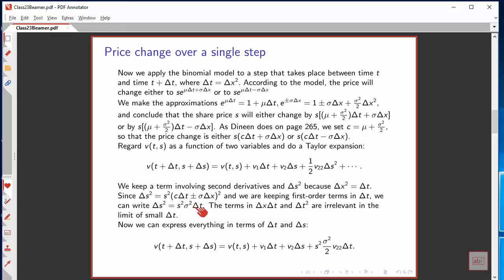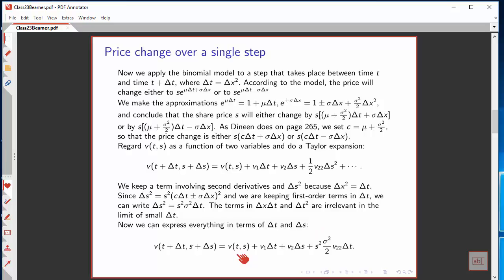It's got an s squared in either case, and in either case we are going to have a c squared delta t squared, which we don't need to keep, and a term involving the product of these two terms, which we don't need to keep, and a term involving sigma squared delta x squared, which we replaced by sigma squared delta t. So now I've got everything written in terms of delta t and delta s.